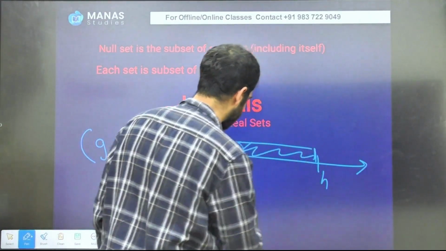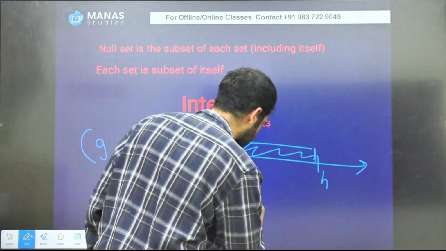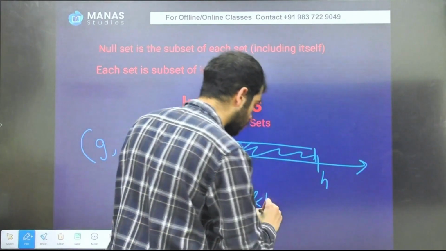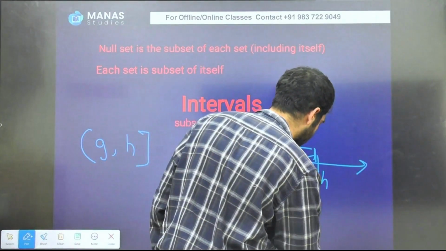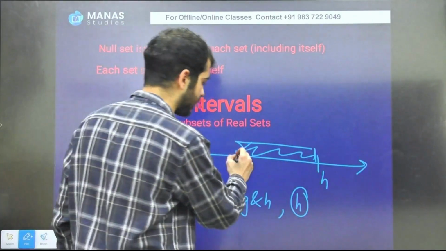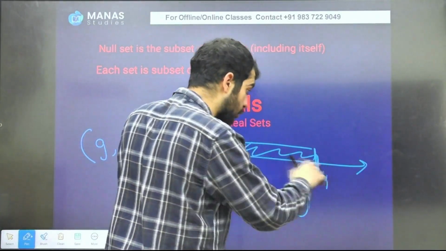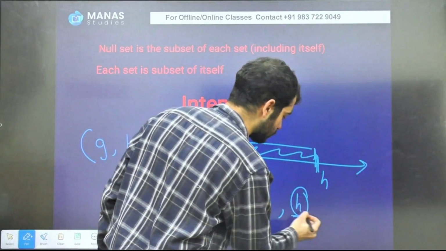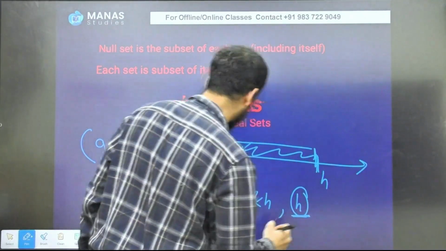Now the set will contain all the elements between G and H. Along with that, it will also include the element H. When I'm saying between, it means between G and H without G and H. So we have to separately write the element H.